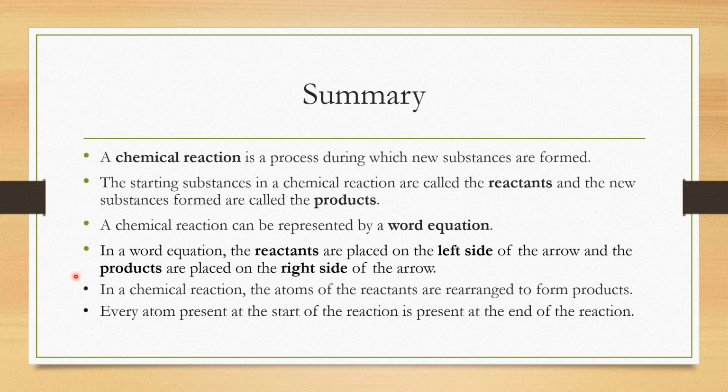You also learned that in a chemical reaction, the atoms of the reactants are rearranged to form the products, and every atom present at the start of the reaction is present at the end of the reaction.